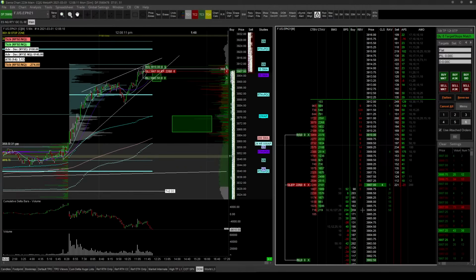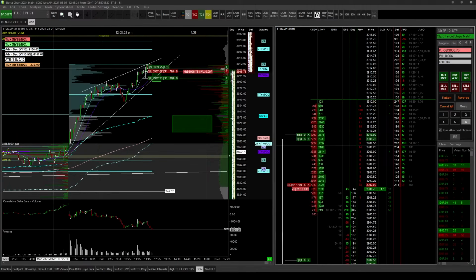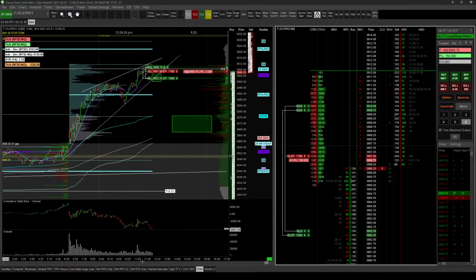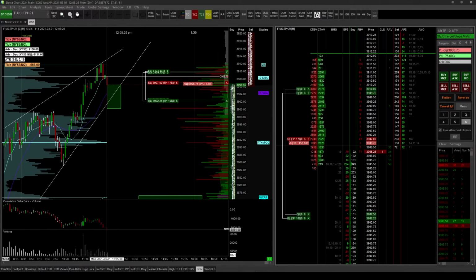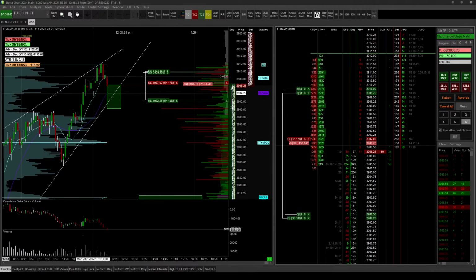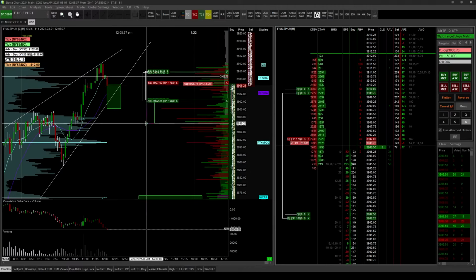So let's go hit the bid on this sim account here. Let's move this over a bit. So maybe the 20 SMA or so. Did I get filled for all of it? Nope.